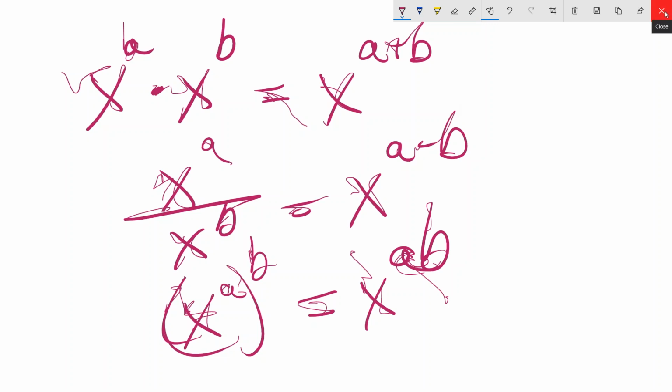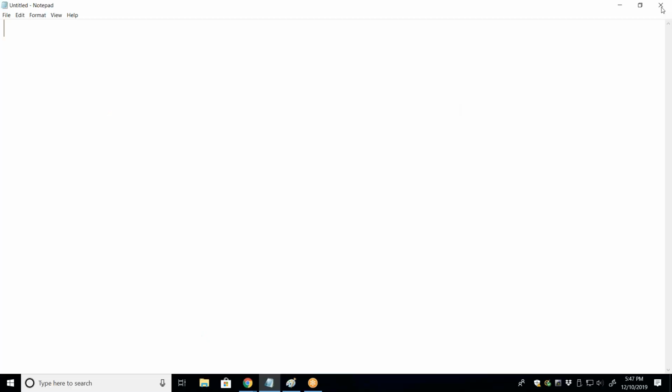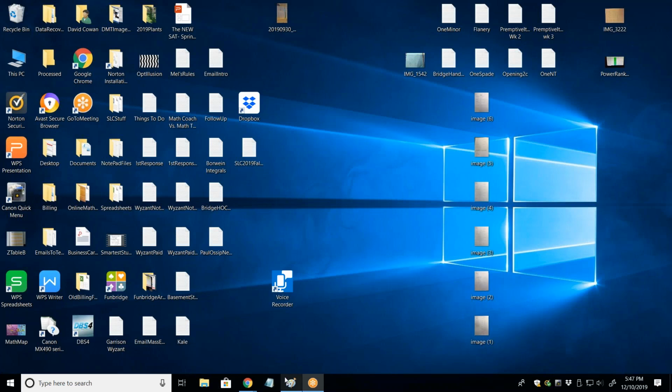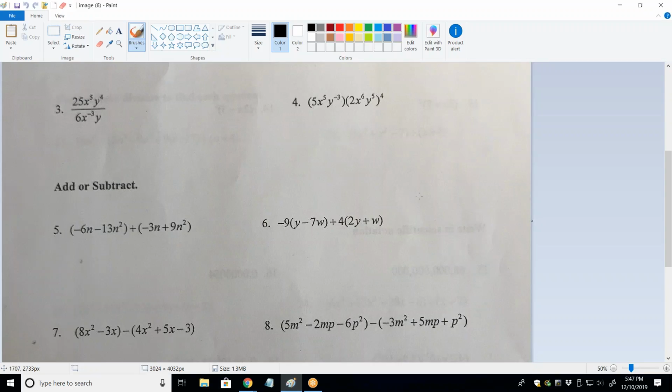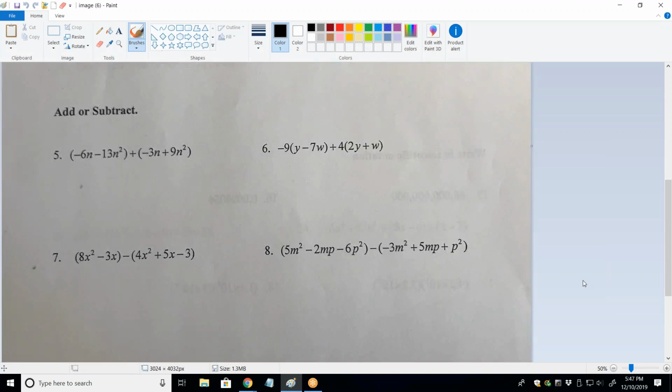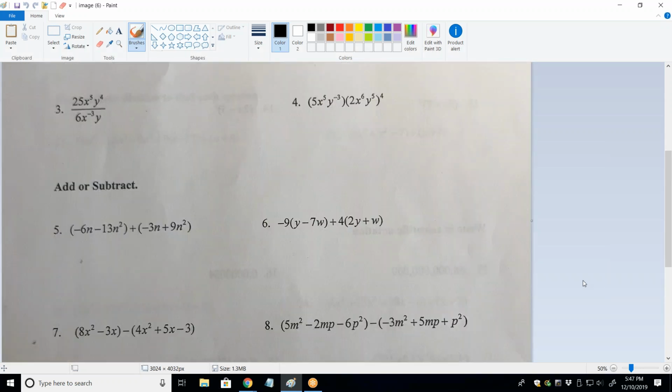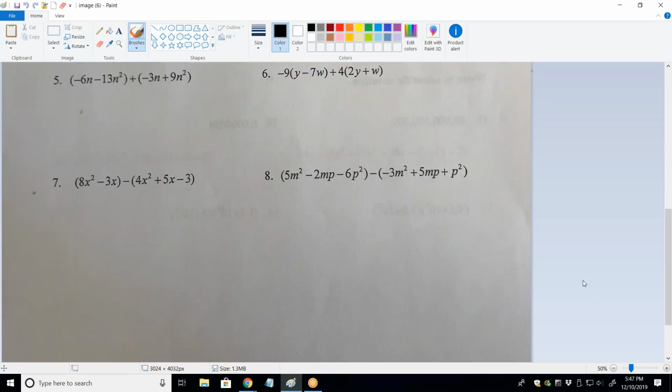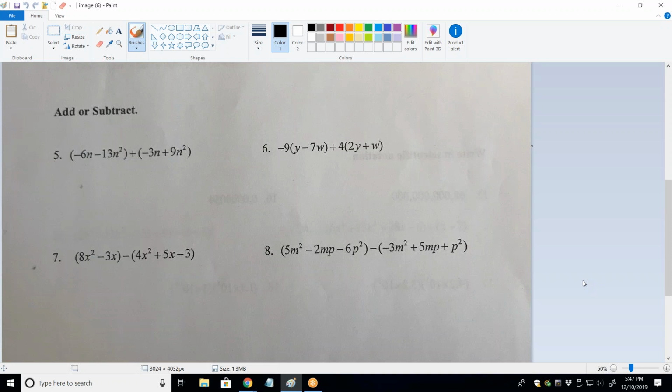Okay? Yeah. Okay. Let's go back to our problems. We did through 4. Let's go to 5. Now, actually adding and subtracting is much easier than multiplying and dividing.